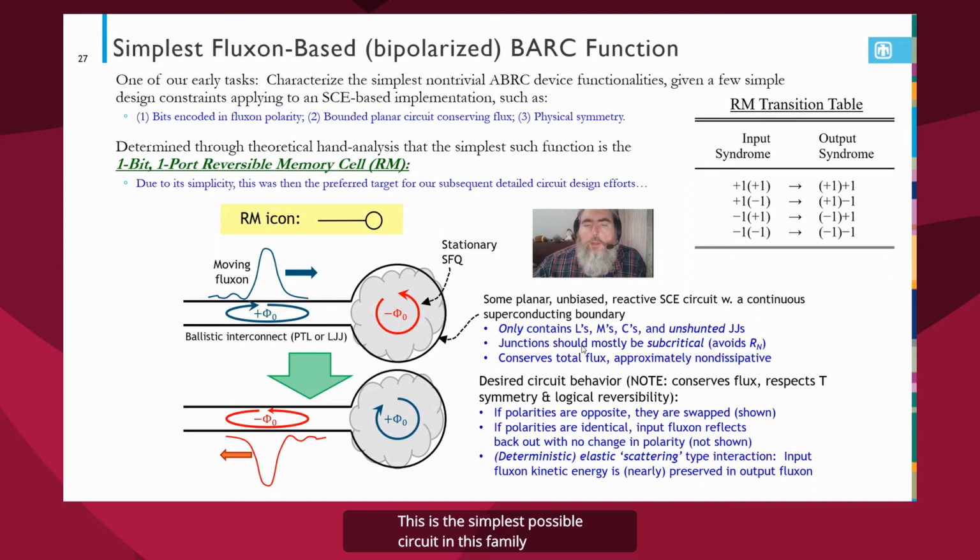This is the simplest possible circuit in this family of asynchronous ballistic reversible circuits, and it's what I call a reversible memory cell. So if we have an incoming flux soliton that holds a quantum of magnetic flux, it's going to essentially exchange polarity with this stored fluxon. And that's a reversible operation logically and should be relatively efficient physically.